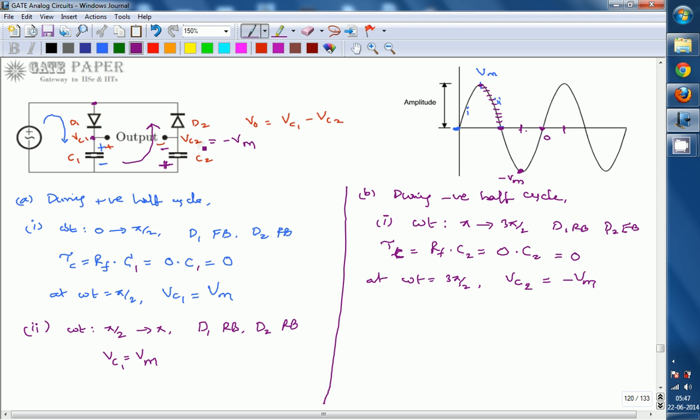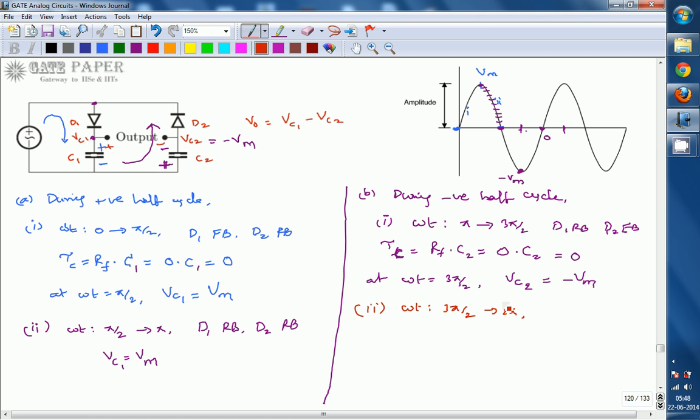Now you are applying the maximum negative voltage of the input signal to the P side. In the second case, omega t is from 3 pi by 2 to 2 pi.